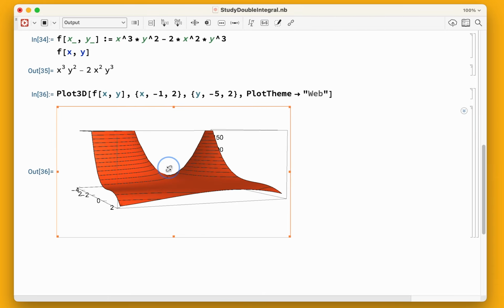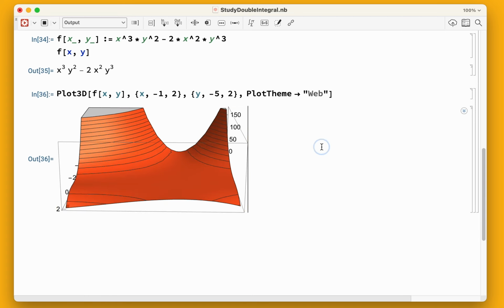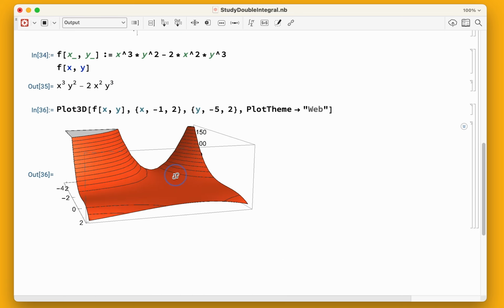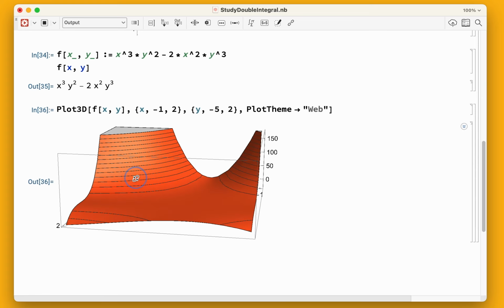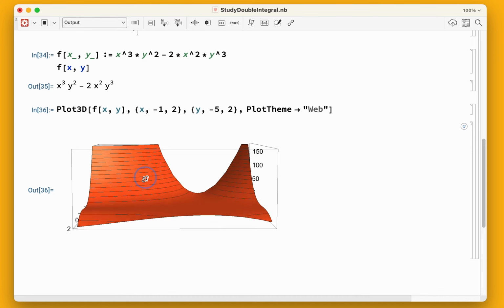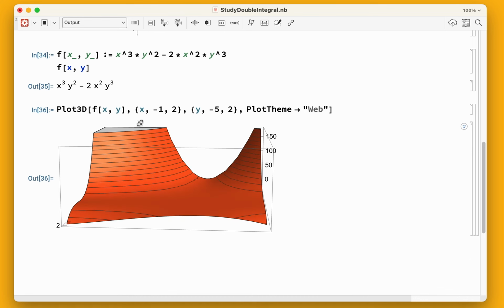Now we have to further make sense of our problem here. This function currently is not mapped inside a domain. We have given ranges for the graph itself, so you are not supposed to be confused by this. The range that you are seeing here is the graph range, not the domain range.